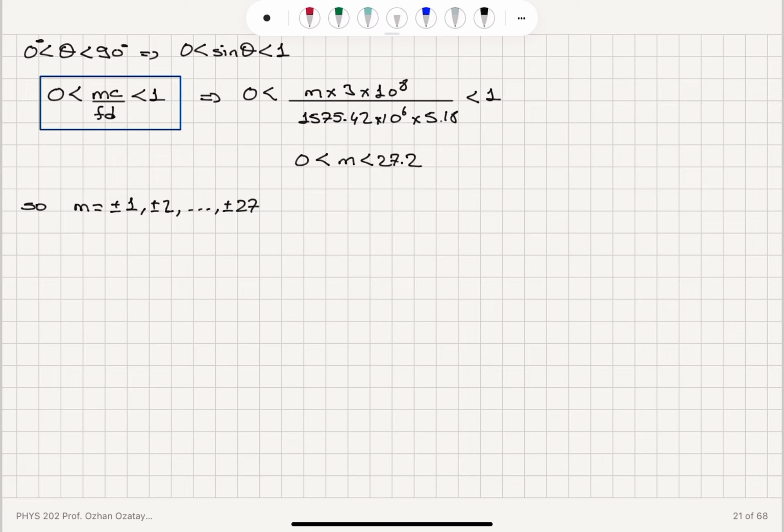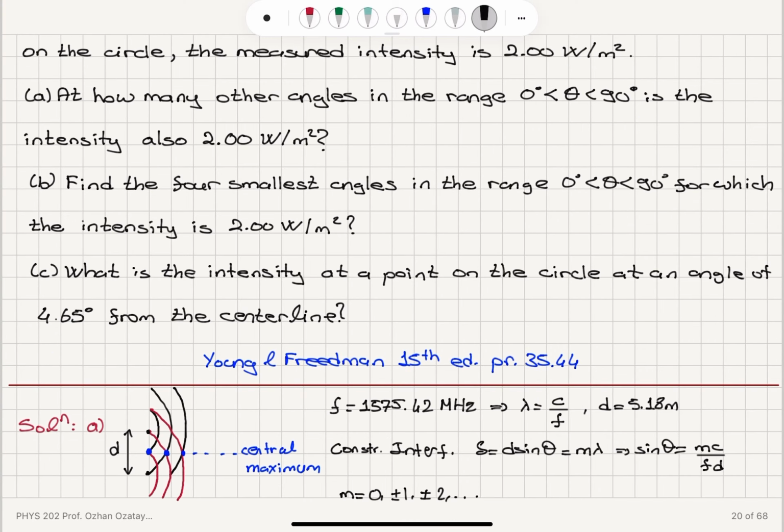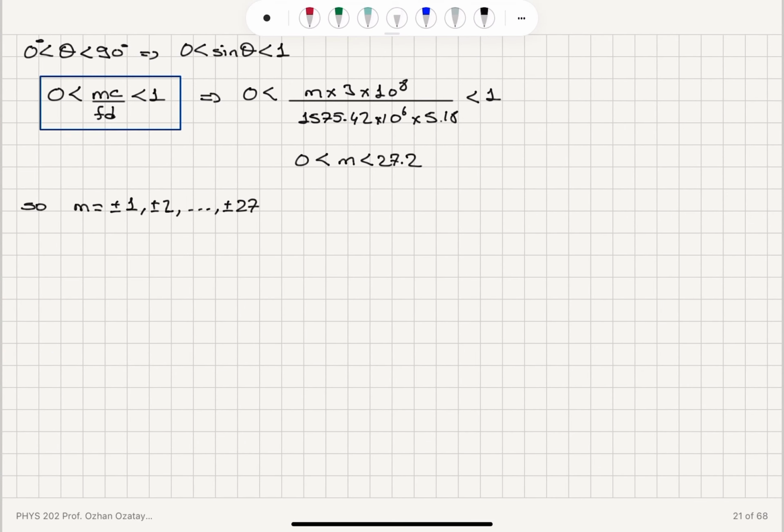Actually for 0 here, we can also put 0, but that's the central maximum. So we're looking for other angles. Other angles correspond to m equals 1, that's the minimum requirement. So I see that I have 54 other angles, 27 on either side of the center line, where there will be maxima.